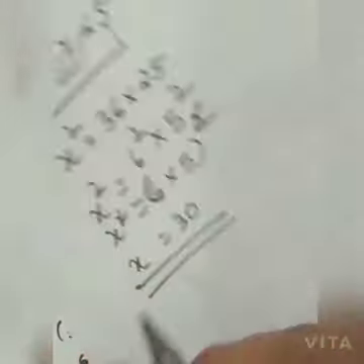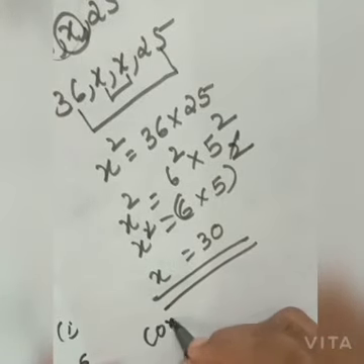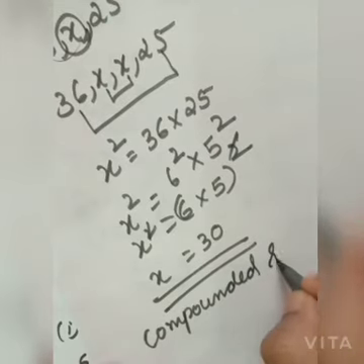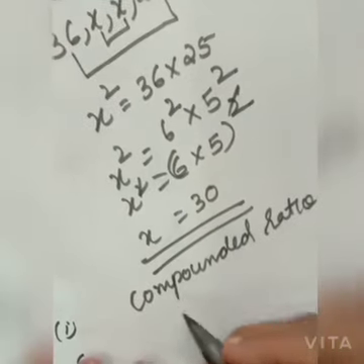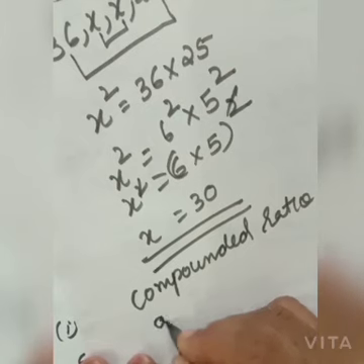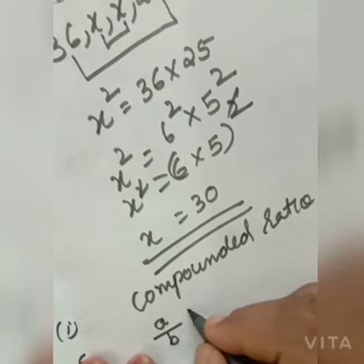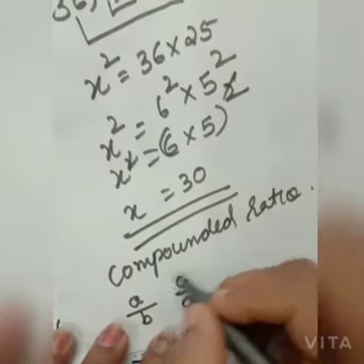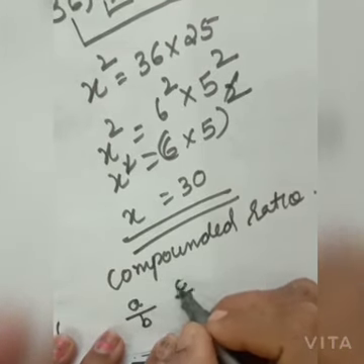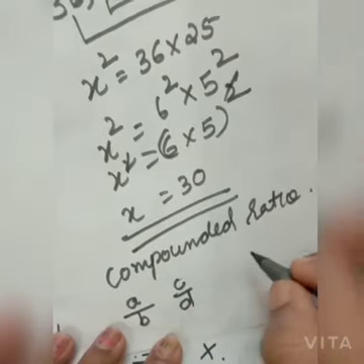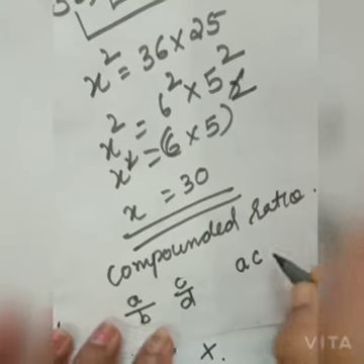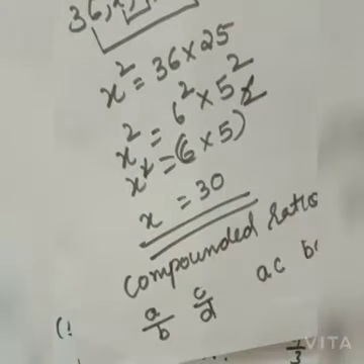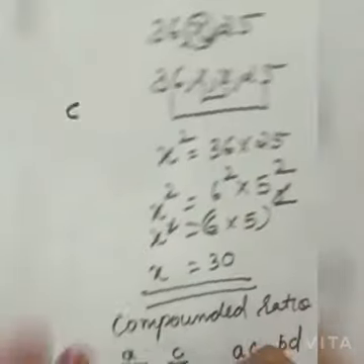Another one is compounded ratio. Compounded ratio is not in the exercise question, even then you have to understand. Compounded ratio means A by B, C by D. Compounded ratio means multiply the antecedents, that means AC, and the consequents, BD.